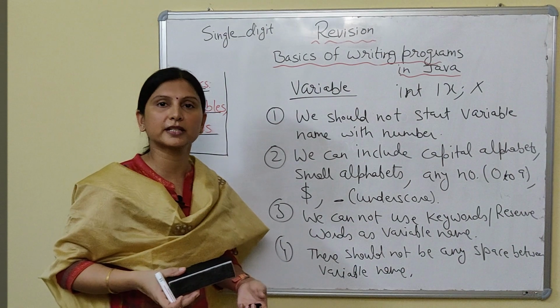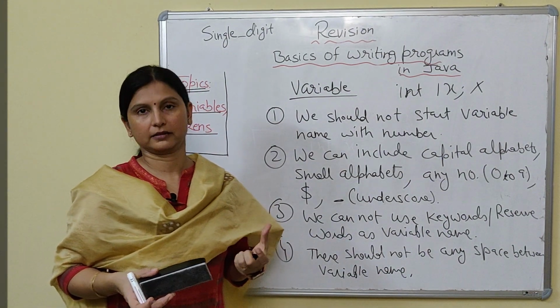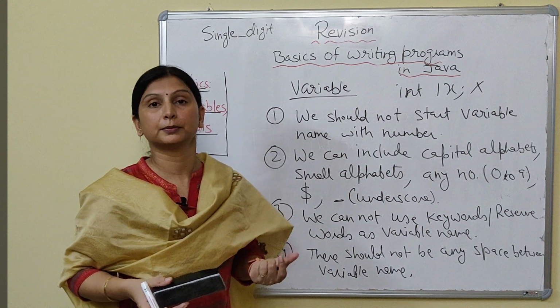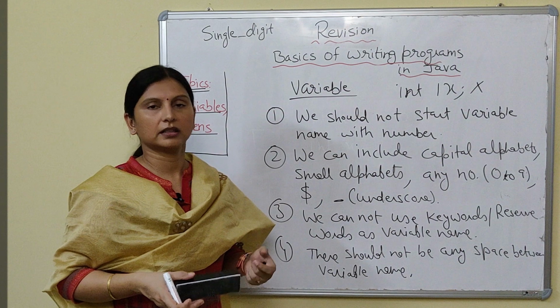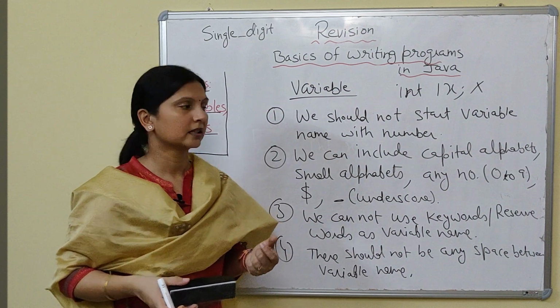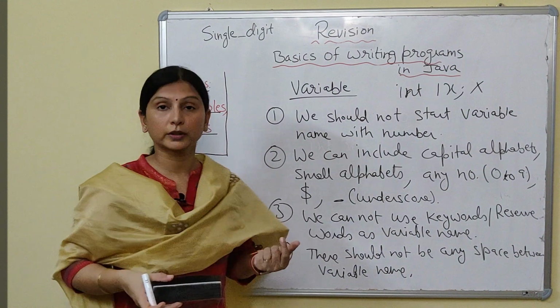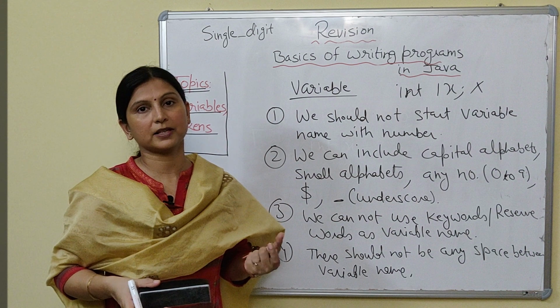What do you mean by keyword or reserve word? See, there are few words which have some special meaning, some special purpose for the programming languages, like class, if, else, import. So these are some keywords or reserve words which have some special meaning.